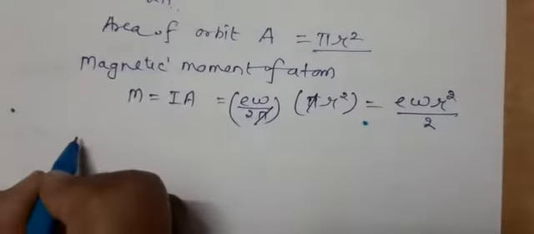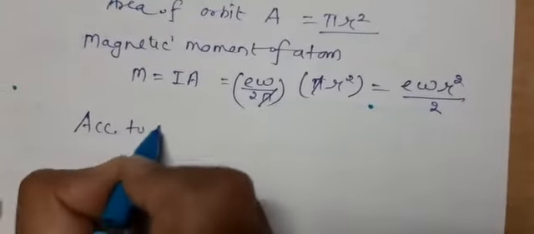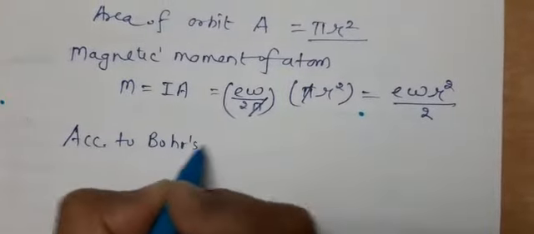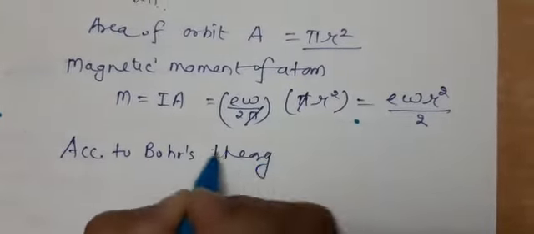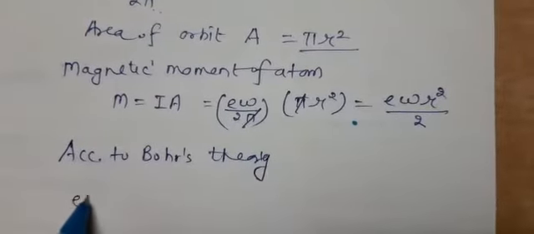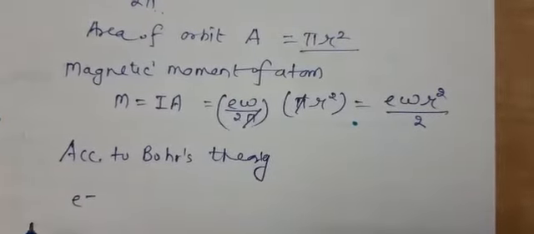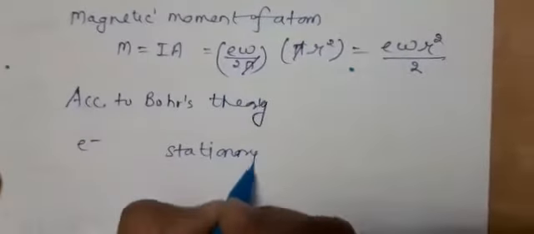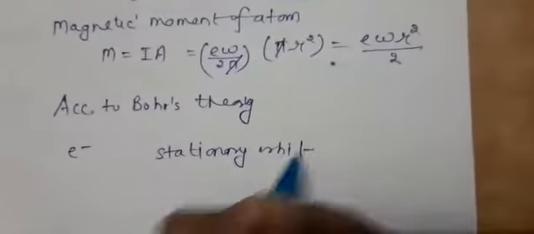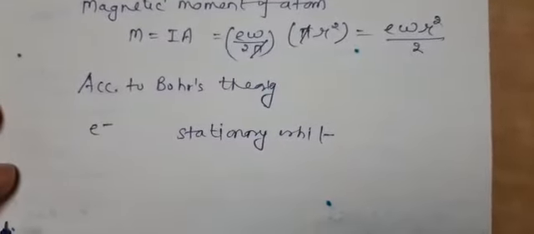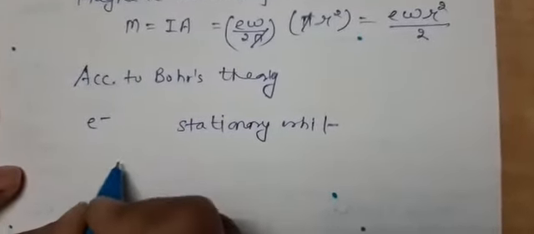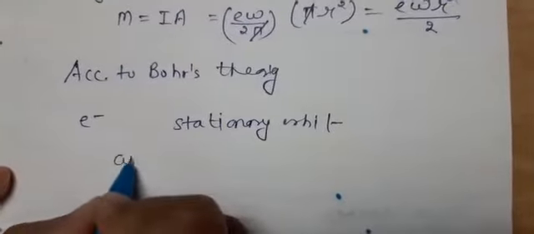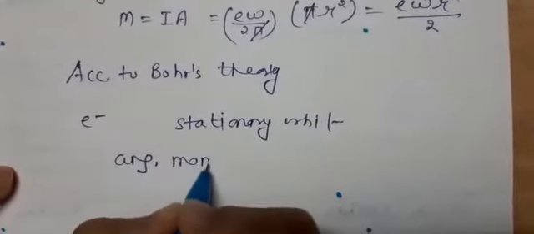Now we know, according to Bohr's theory, an electron in an atom revolves only in certain stationary orbits in which its angular momentum is an integral multiple of h upon 2 pi.